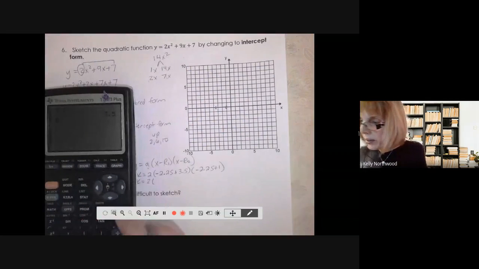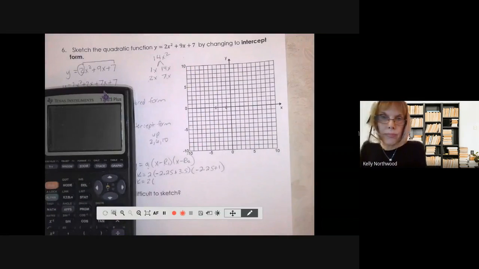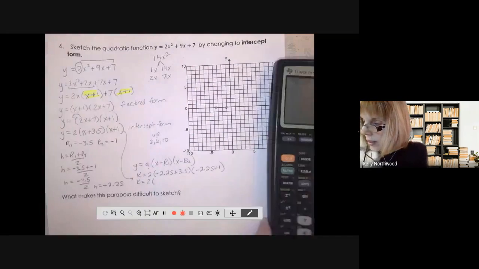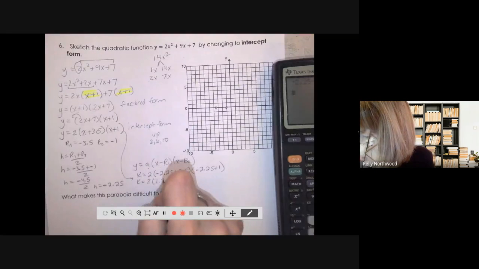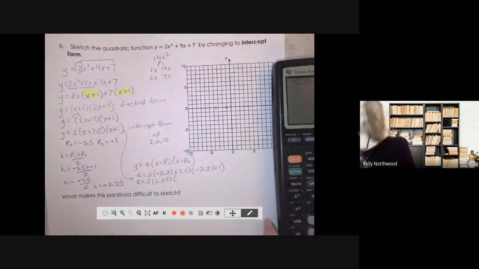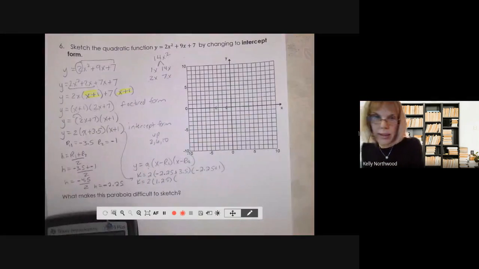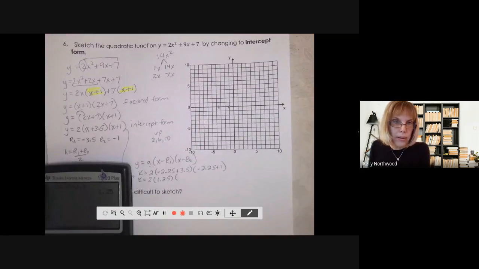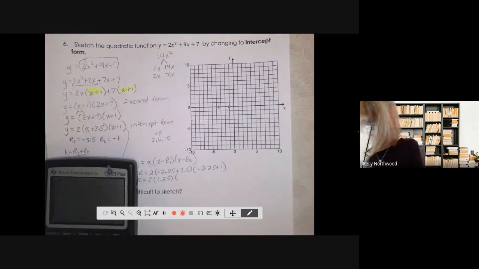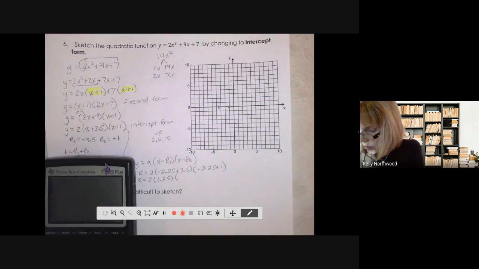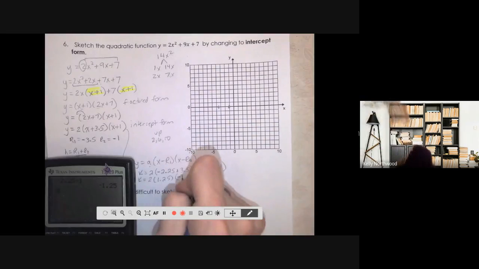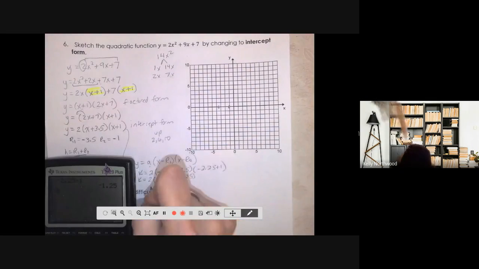Now I'm going to go to my calculator. Negative 2.25 plus 3.5 is 1.25. And make sure you can see that on the screen. Negative 2.25 plus 1 is negative 1.25.